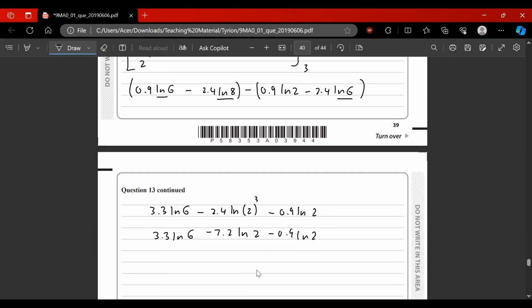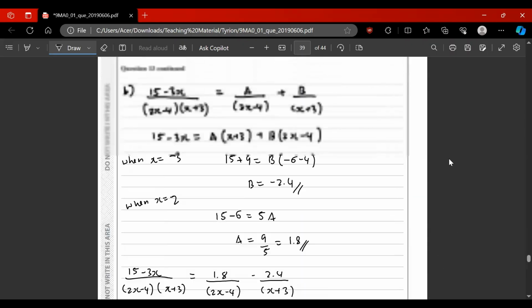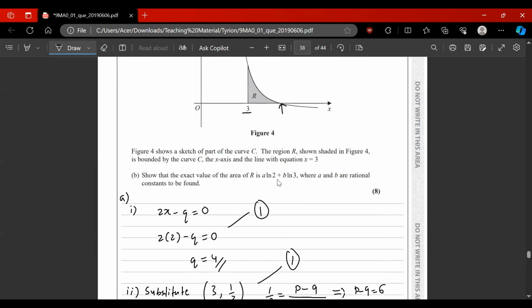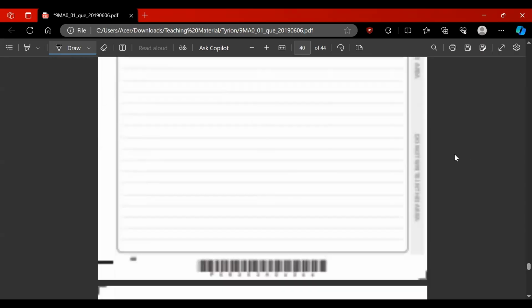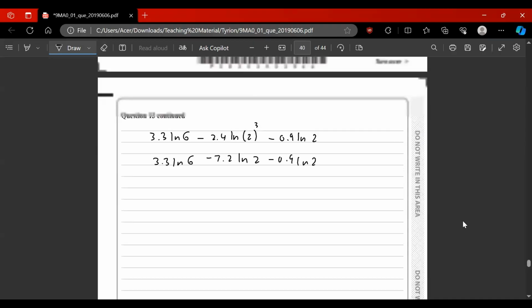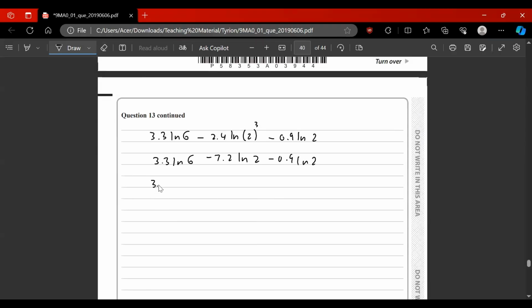So remember now in the original expression they have given in the question, we need to write it as a ln 2 plus b ln 3. So we have to now split ln 6 as ln 2 and ln 3. So that would be 3.3 (ln 2 plus ln 3). This is using the product rule, minus 7.2 ln 2 minus 0.9 ln 2.